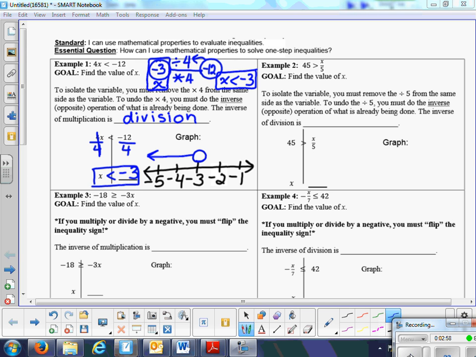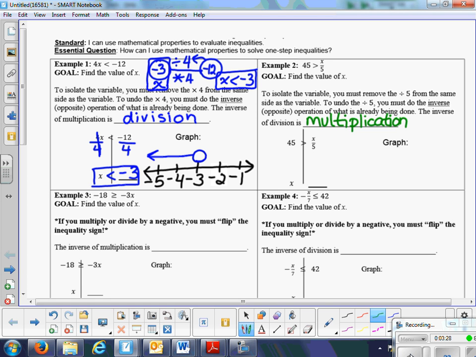We're going to move on to example 2, where we have 45 is greater than x divided by 5. Remember that the fraction bar tells me I am dividing. The inverse operation of division is, of course, multiplication. So, we have 45 is greater than x divided by 5.